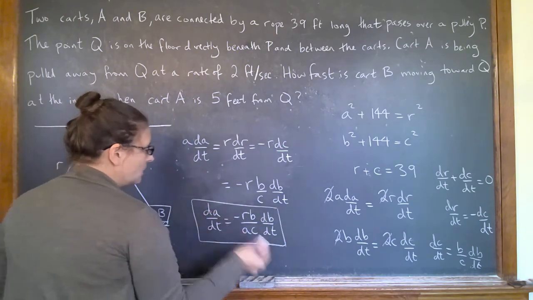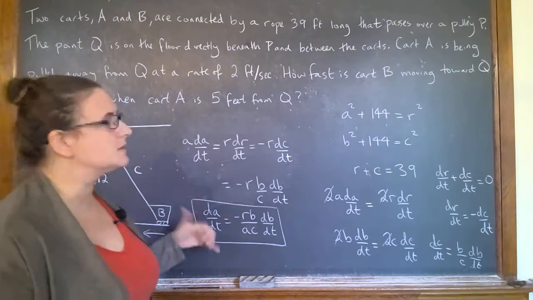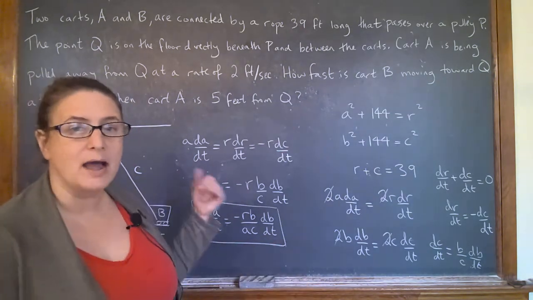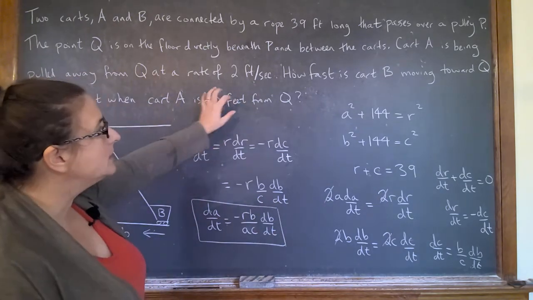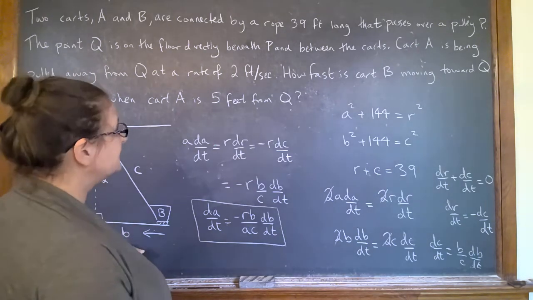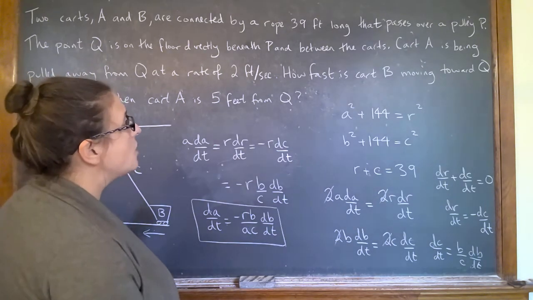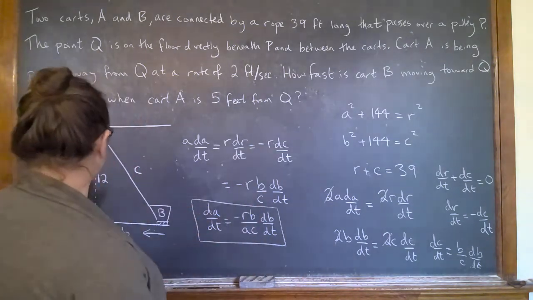So how did I know? How did I come up with what to do? So for that, what's the problem solving idea, right? I'm trying to figure out from the information given, I need to figure out this dB/dt. That's what they asked for. And the only rate they gave us is the dA/dt. So they didn't give us these other ones.